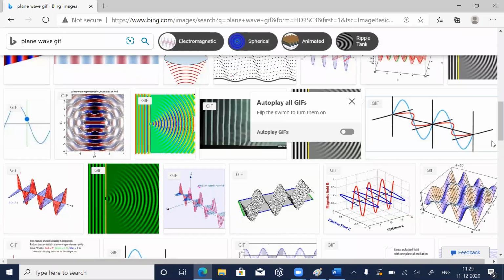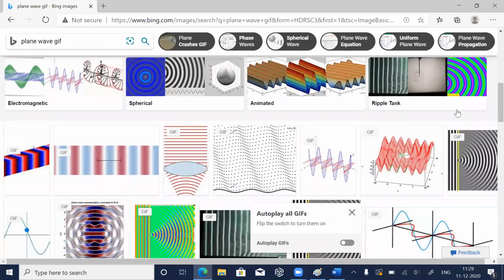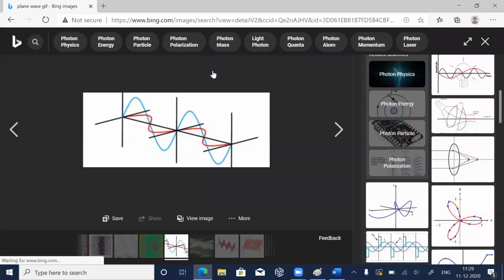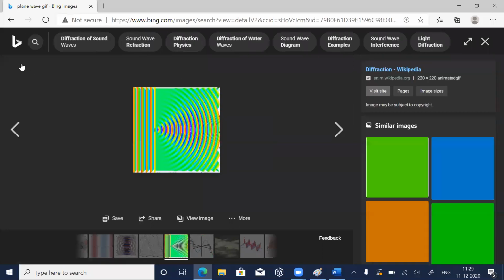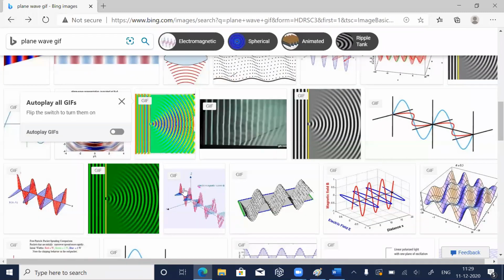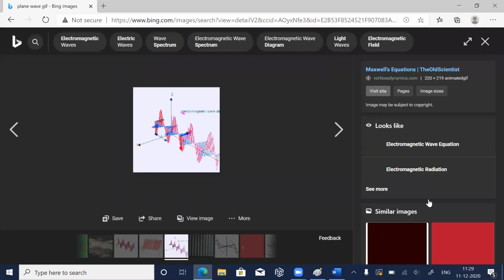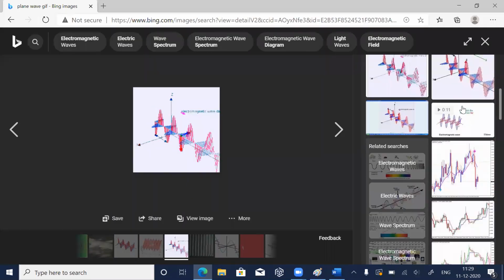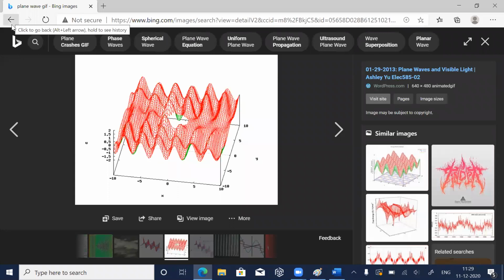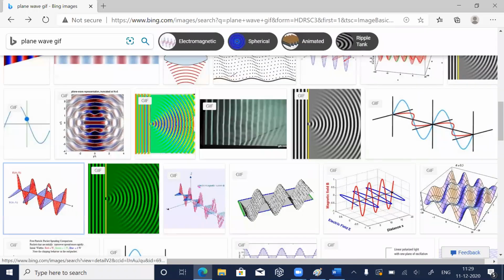If you want to plot just one cycle of a message signal, obviously A cos 2 pi f t. That's only one cycle you want to plot. Let me take one good wave. This is somewhat good, I think. This is not pretty good. Let me take this. One by 100 means 0.01.